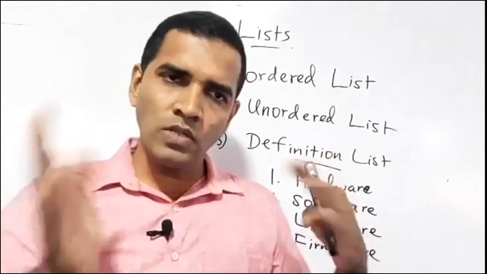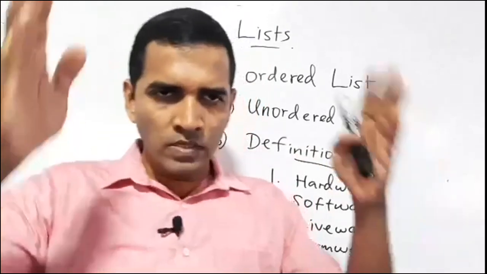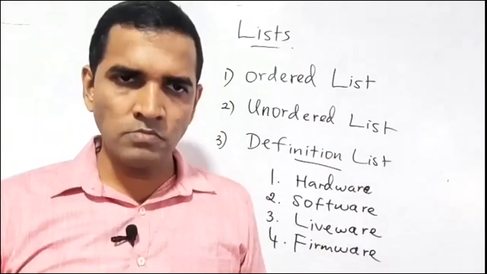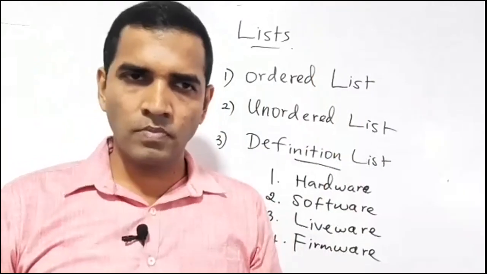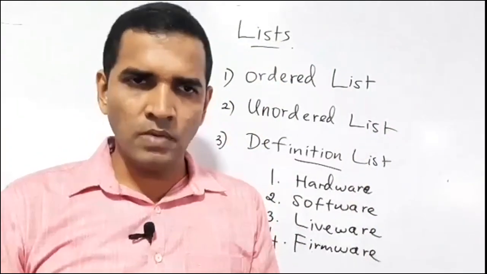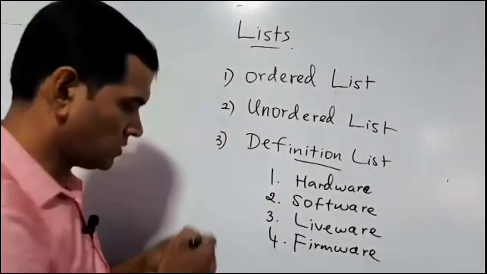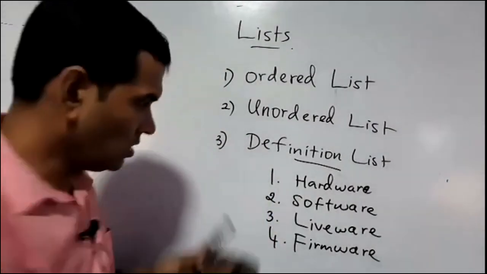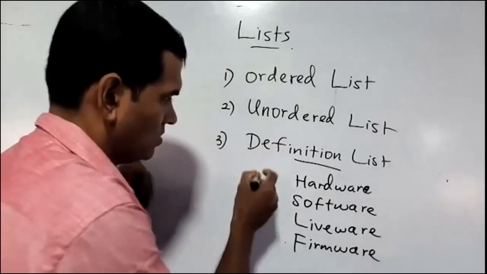But think about it in this way. Now you have the same list, 100 names, but you don't have numbers, only a bullet, maybe an asterisk or something like this.